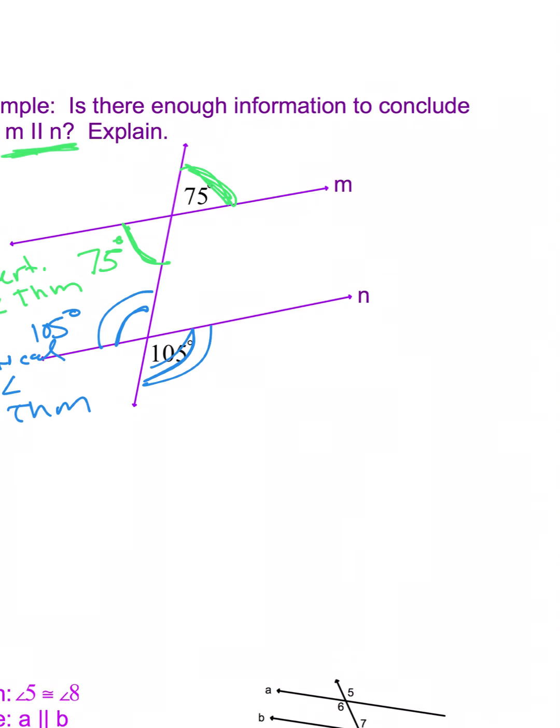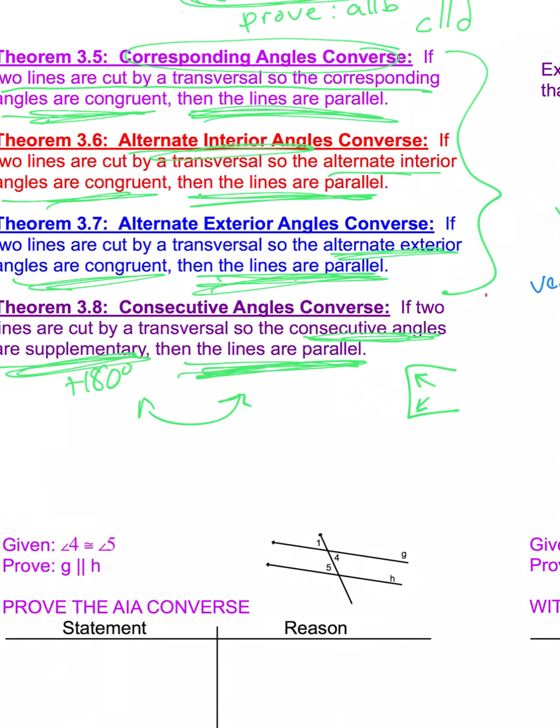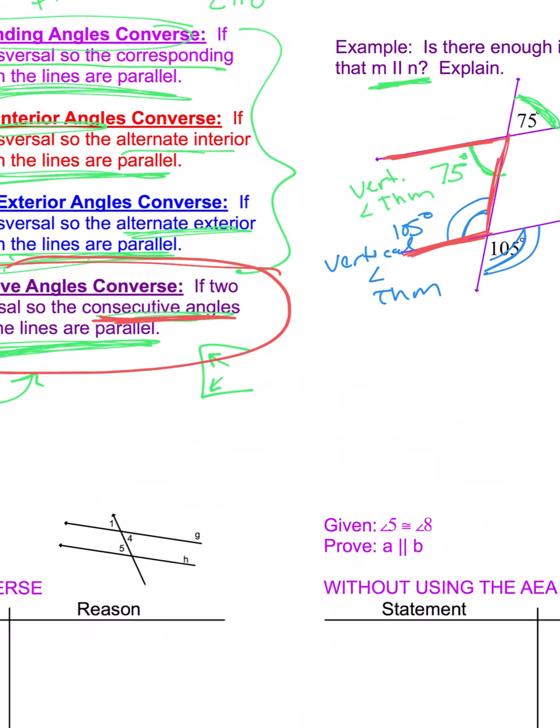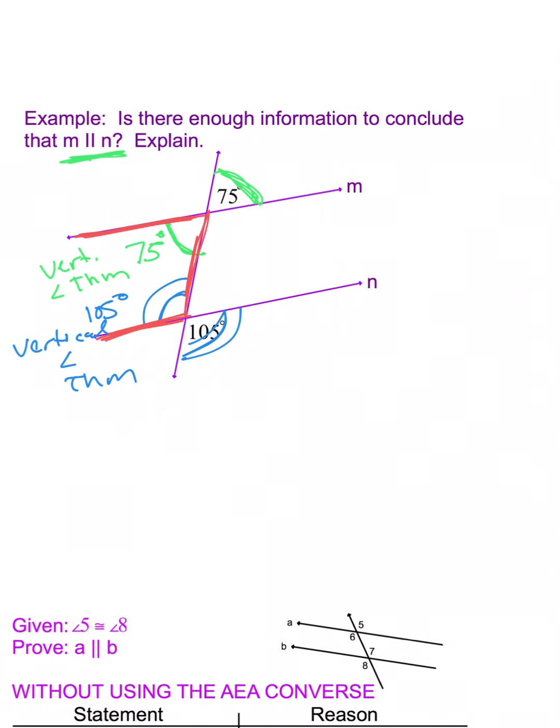So now that I have that, I can look. Do you see the C? Do you see these consecutive angles? Our converse over here said if two lines are cut by a transversal so that the consecutive angles are supplementary, then the lines are parallel. Are these two, 75 and 105, supplementary?